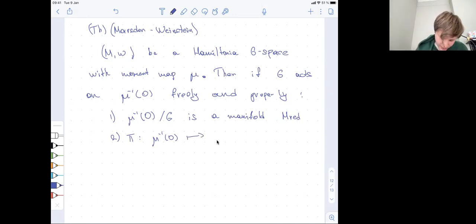Secondly, we have a projection map from mu minus 1 of 0 to M reduced, and this is a principal G bundle.